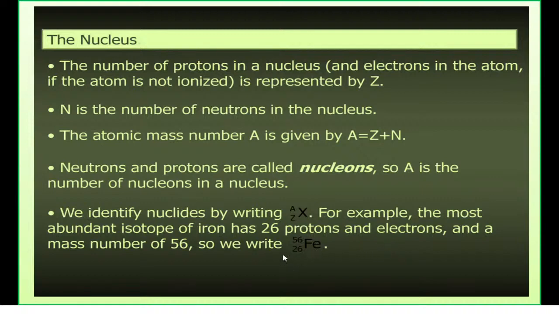So this isotope of iron may be represented symbolically by that notation: atomic number, atomic mass number, and the number of protons and electrons.